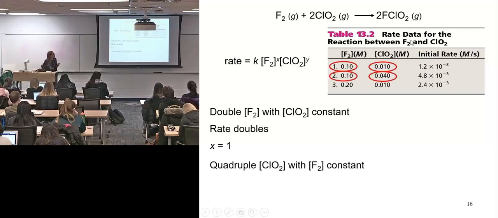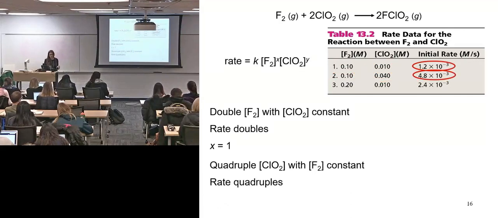Now if I hold fluorine constant at 0.1 molar and vary the concentration of my chlorine dioxide, in this case quadrupling it, what happened to the rate? It also quadruples. So how does rate change with concentration of chlorine dioxide? What does this exponent have to be? It also has to be 1.